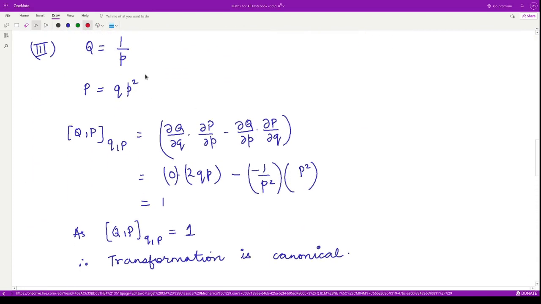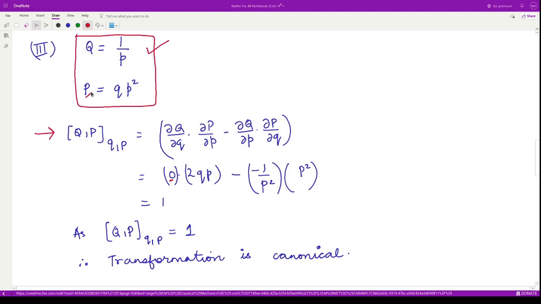So here, this quantity over here, we need to check whether this is a canonical transformation or not. For that, we again go for this identity. Just compute the derivative of capital Q firstly with respect to q, as there is no q, so it comes out to be 0.